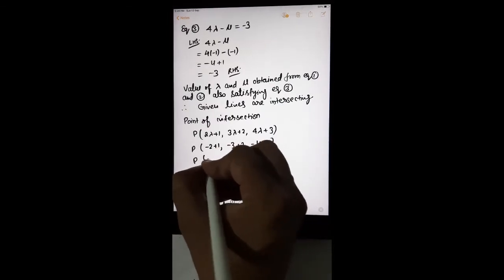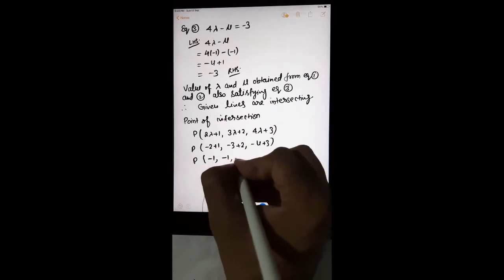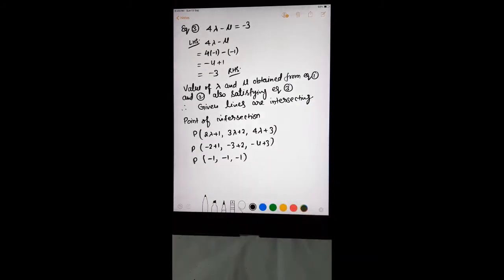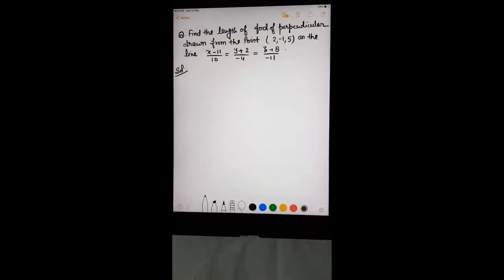So the coordinates will be minus 1 and minus 1. So these are the coordinates of the point of intersection. Also we can prove by using the formula a2 minus a1 dot b1 cross b2, we will get 0. Then also we can prove the given lines are intersecting.